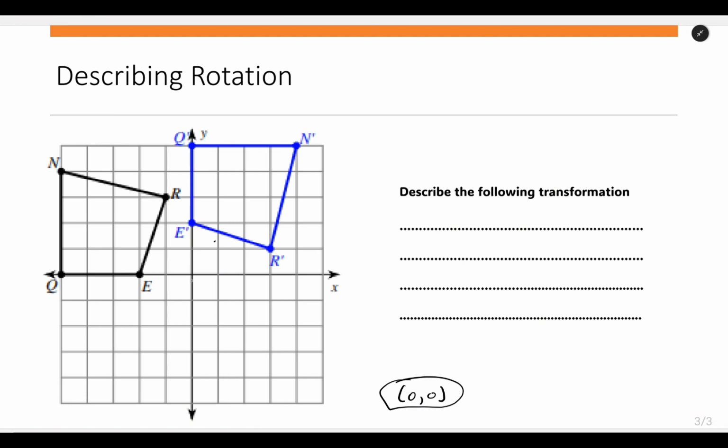Now we want to find the amount of degrees that this shape rotated. So what we can do, since the center of rotation is right here, we have the point R, and we have the image of R, which is R prime. We can draw a line to the center of rotation, which is the origin, and then from the center of rotation we draw a line to the image of R, and then we use our protractor and measure this angle here.